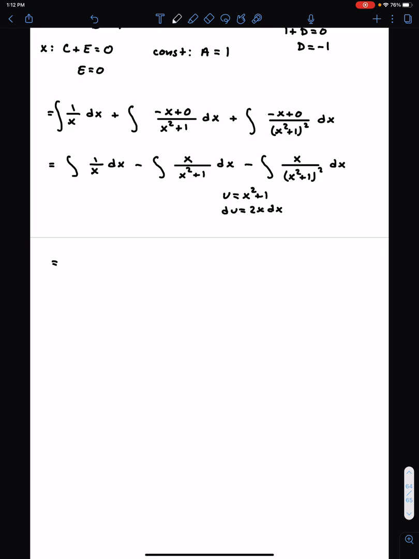So this turns into natural log absolute value of x minus 1/2 times the integral of du over u minus 1/2 times the integral of du over u squared.